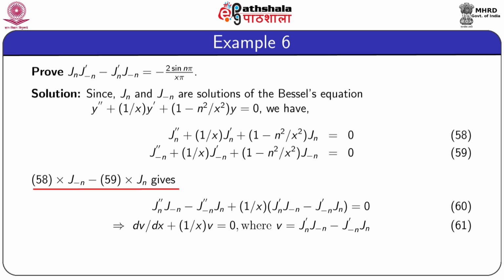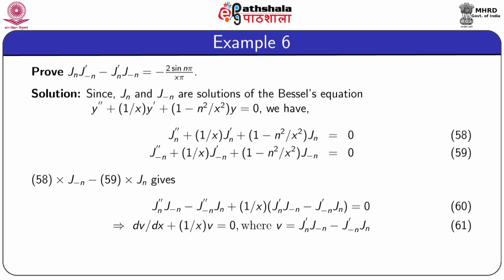We multiply 58 by J_{-n} and 59 by J_n, and subtracting we get J_n J''_{-n} - J_{-n} J''_n + (1/x)(J_n J'_{-n} - J_{-n} J'_n) = 0.